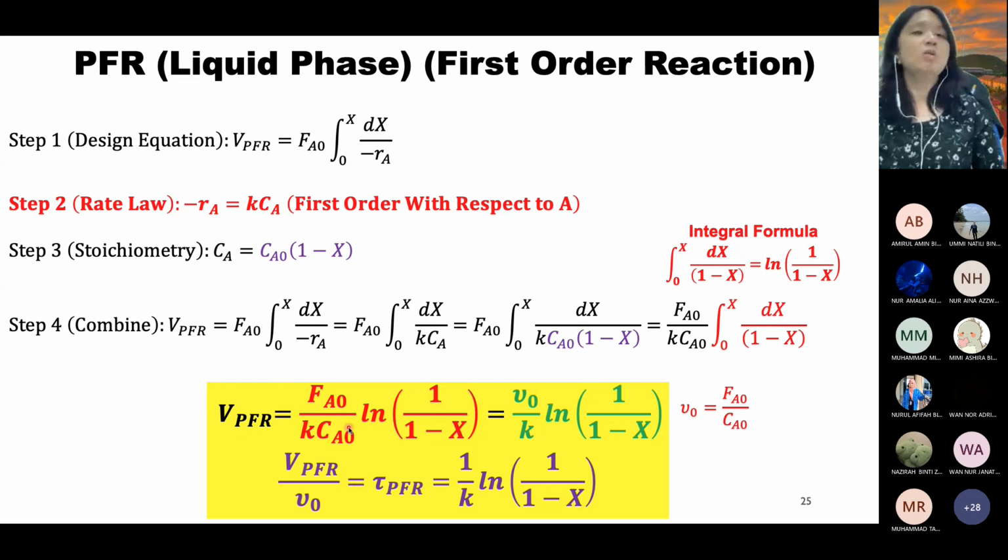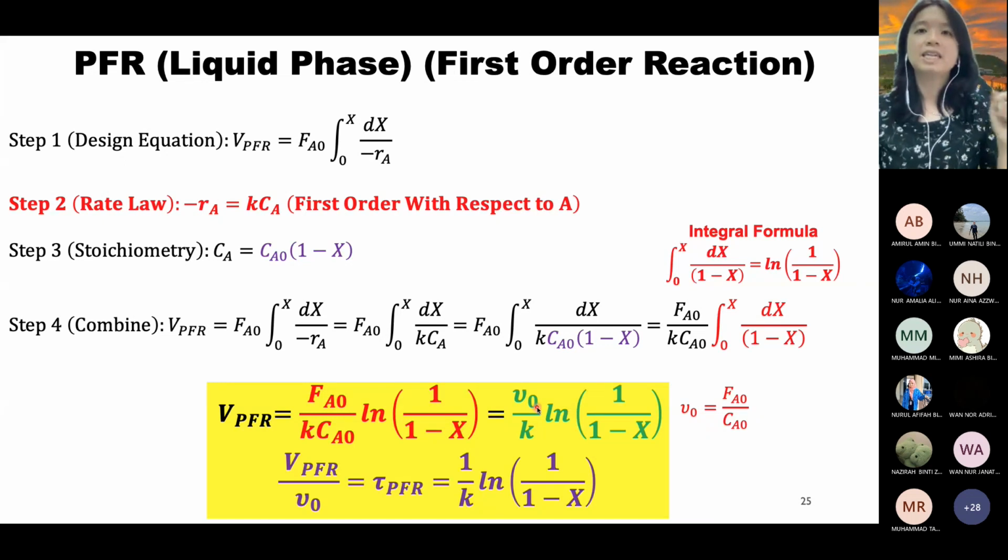Second part, equation yang merah ni hanya boleh digunakan if you know FA0 dan CA0. What happens if I don't have FA0 and CA0, but I have epsilon naught, which is inlet volumetric flow rate? I can also find, because if you realize FA0 di atas bahagi dengan CA0 di bawah adalah sama dengan epsilon naught.